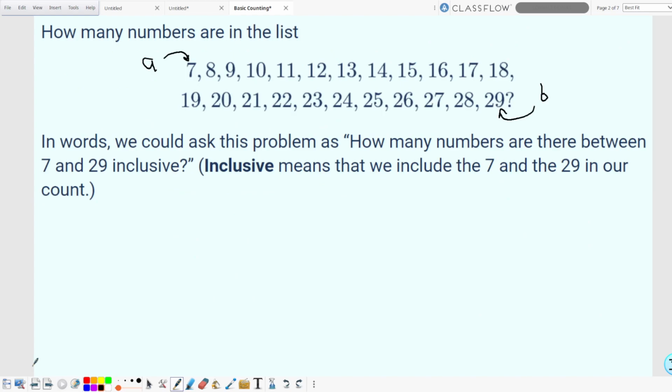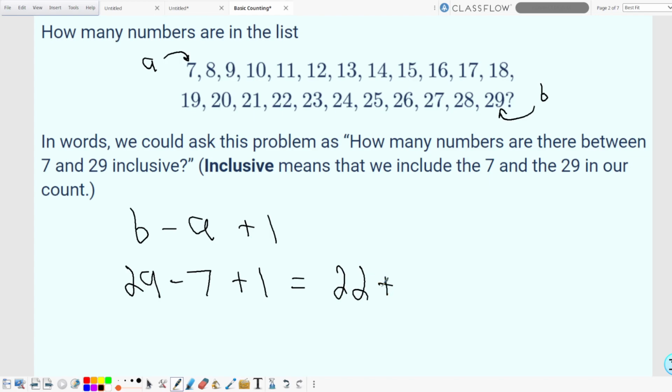So let's try it out. B minus A plus 1. Well, B is 29 minus 7 plus 1. Okay, 29 minus 7 is equal to 22. Plus 1 is equal to 23, which, hey, that was our answer.